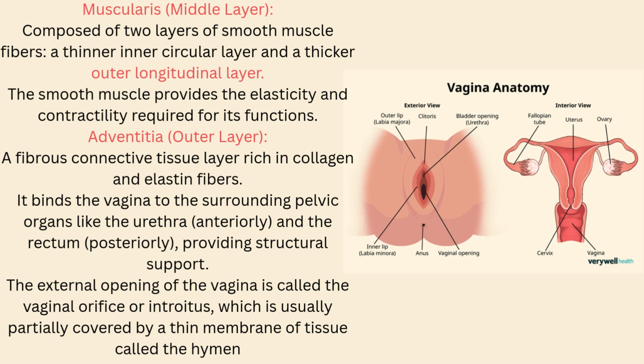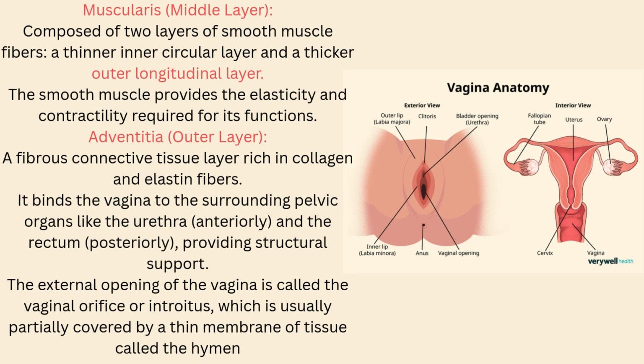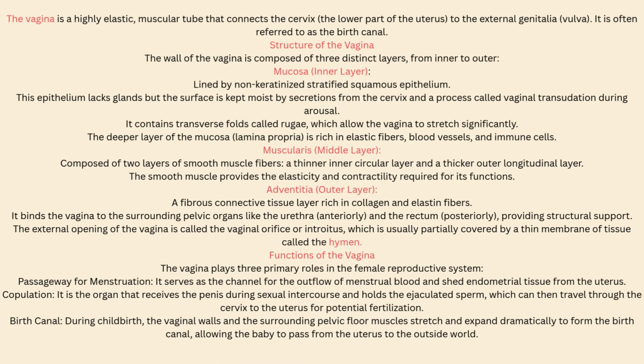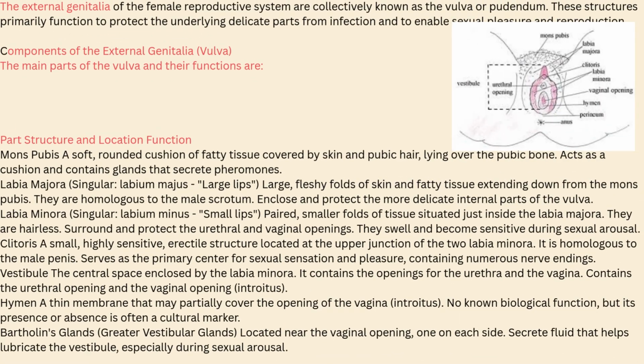This opening is covered partially by a fold of mucous membrane called hymen. The vagina acts as a passage for menstrual flow as well as the birth canal during parturition.